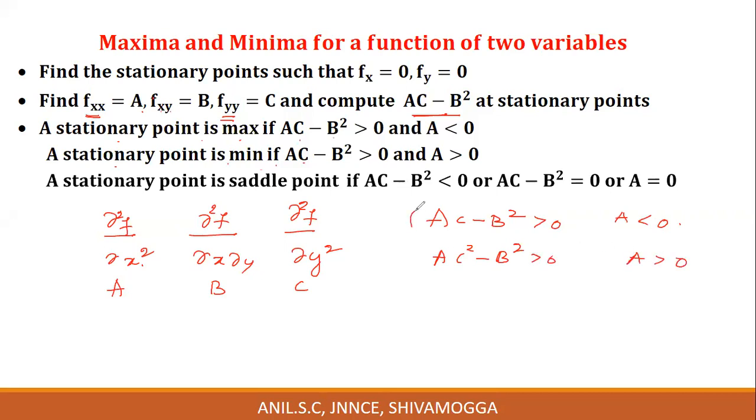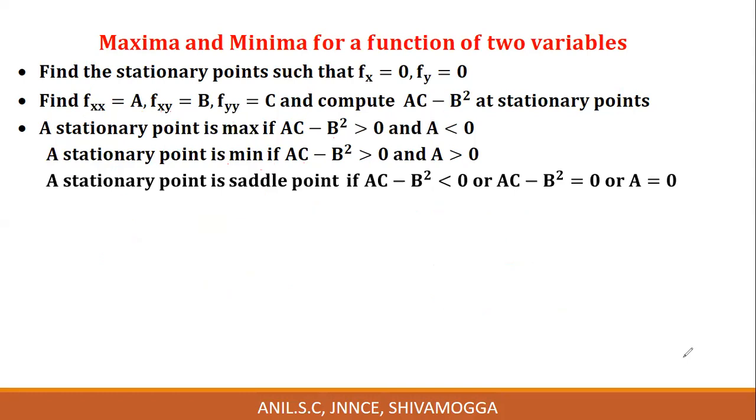In both cases, ac minus b square is greater than 0. And a stationary point is said to be a saddle point if ac minus b square is less than or equal to 0. Then the point will not attain a maximum or minimum. Please make a note of these three steps.